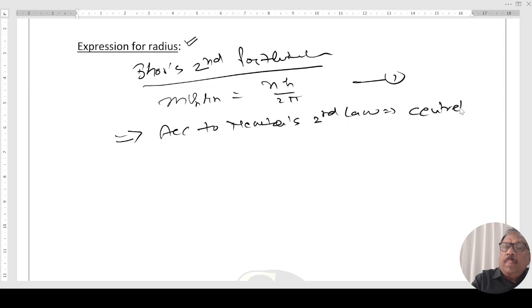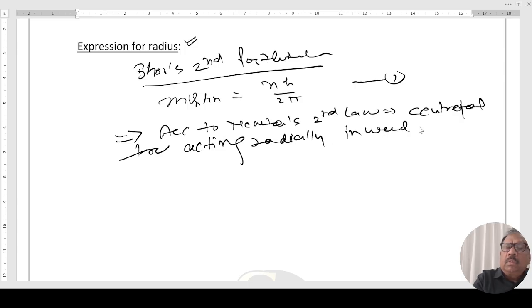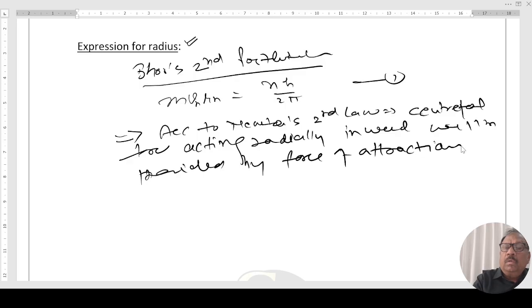the centripetal force acting radially inward will be provided by the electrostatic force of attraction between the electron and proton.